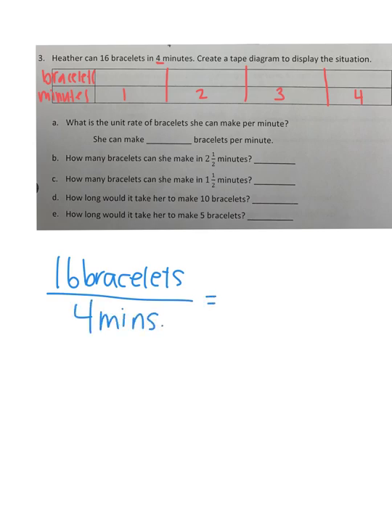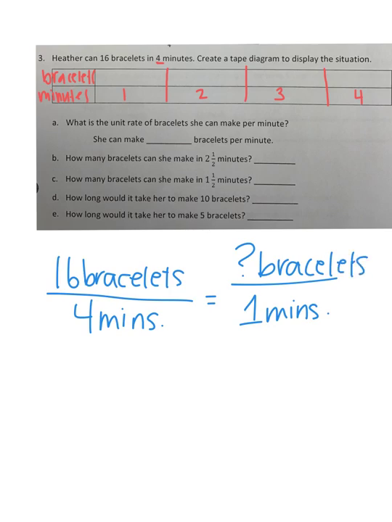And now in order to figure out how many I need to split my bracelets into, I have to find my unit rate. So this is where proportion comes in. We have 16 bracelets in 4 minutes, and we need to figure out how many bracelets she can make in 1 minute.